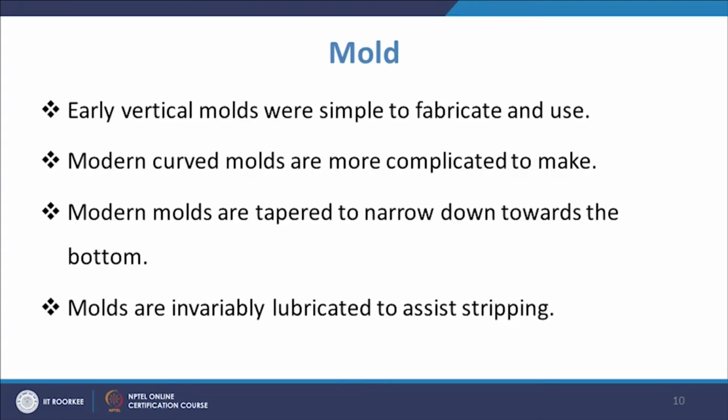So, there will be shrinking of the metal, and to account for that, some taper is given in the mold. That is another careful calculation which needs to be done to avoid any kind of defect in continuous casting. The mold is also invariably lubricated to assist the stripping.